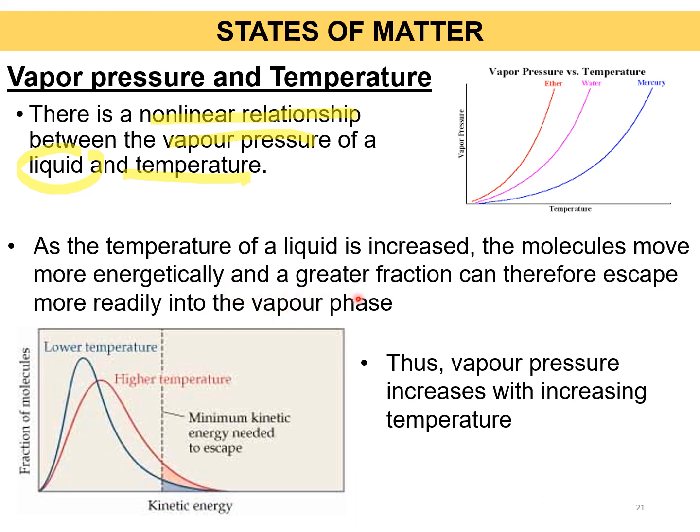That's why a greater fraction of the molecules can escape into the vapor phase. Thus, vapor pressure increases with increasing temperature. So the relationship between temperature and vapor pressure is directly proportional: the higher the temperature, the higher the vapor pressure.